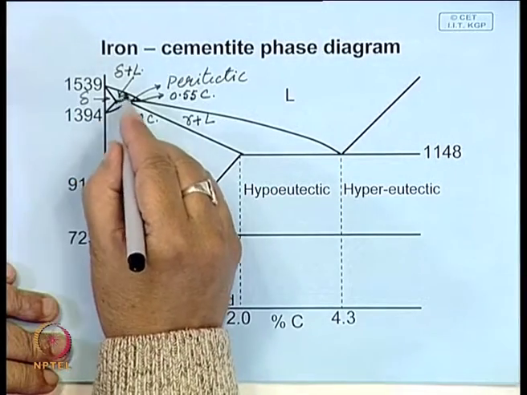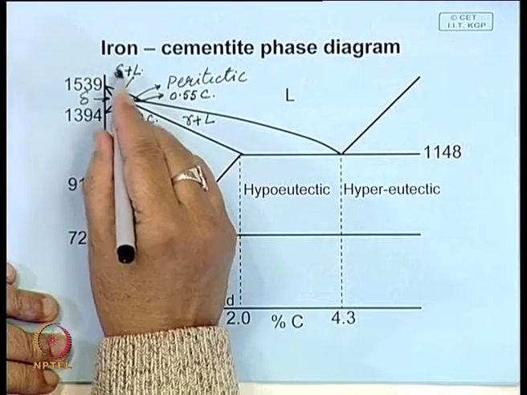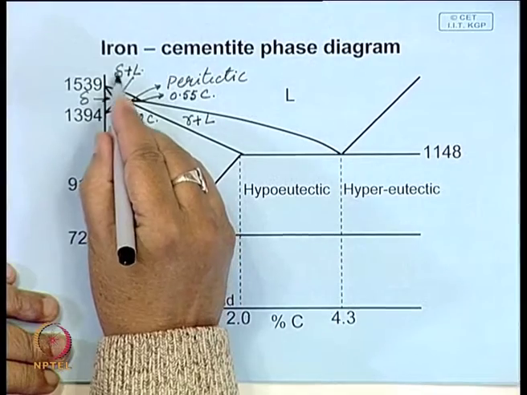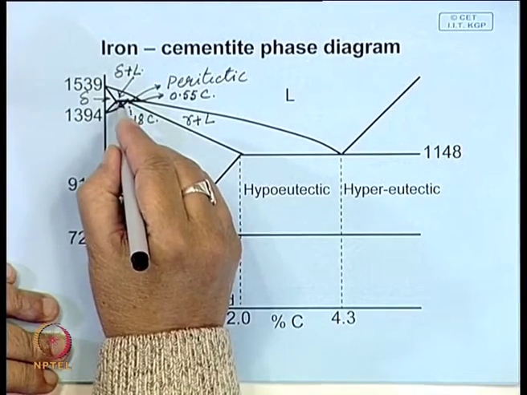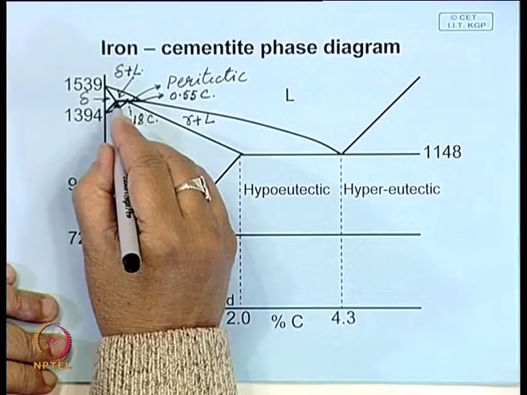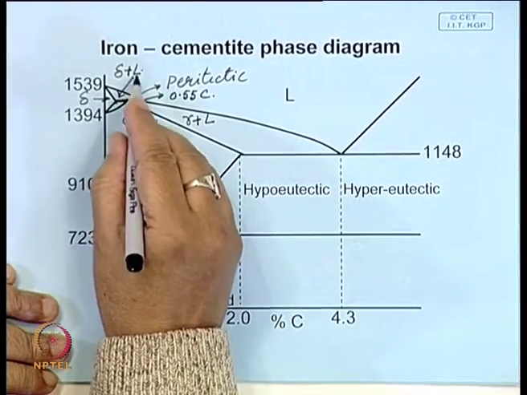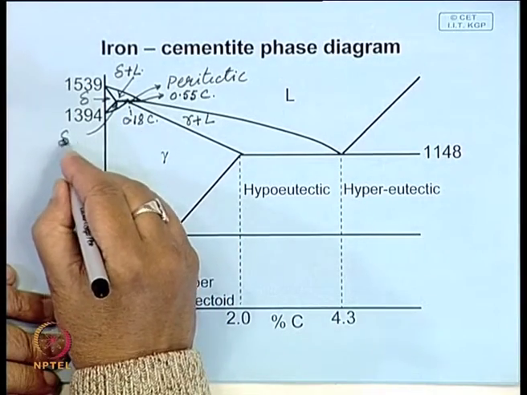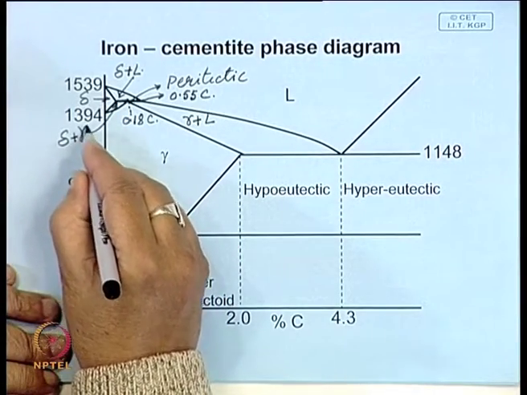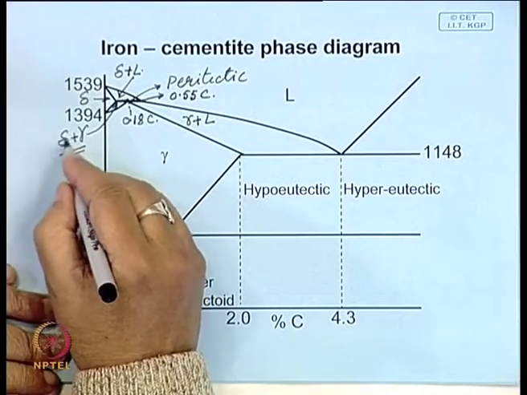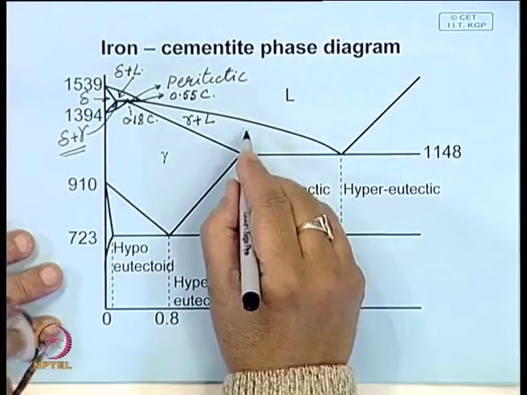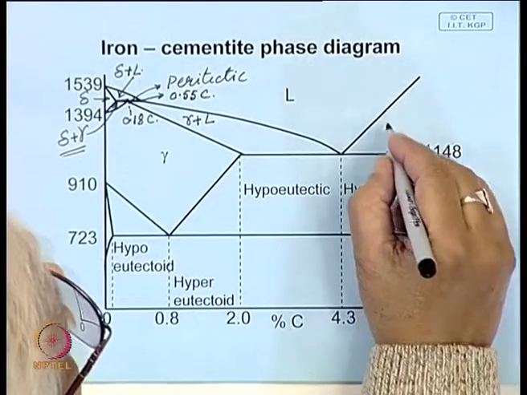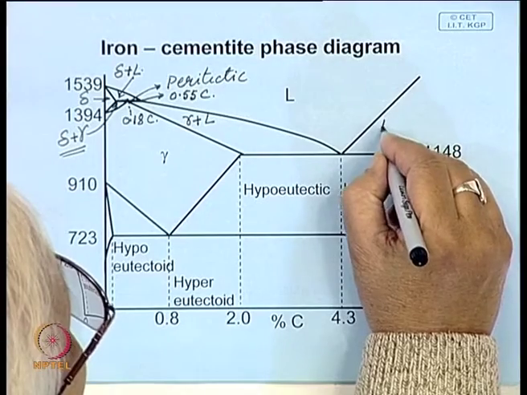Whereas on the left hand side of this peritectic point, the amount of delta is so large that the entire liquid gets consumed, and in this region you will have delta plus gamma. Gamma forms, but some amount of delta remains. Likewise, this part is the gamma plus liquid, and this side you will have liquid.